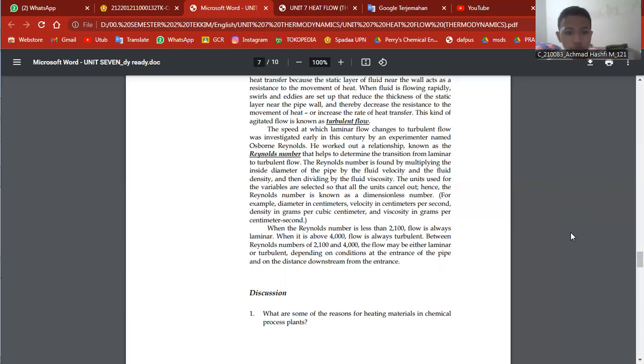Hence the Reynolds number is known as a dimensionless number. For example, diameter in centimeters, velocity in centimeters per second, density in grams per cubic centimeter, and viscosity in grams per centimeter second.